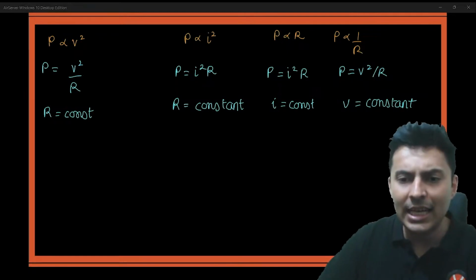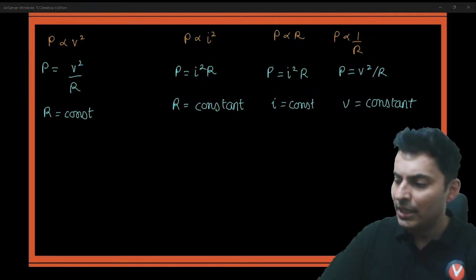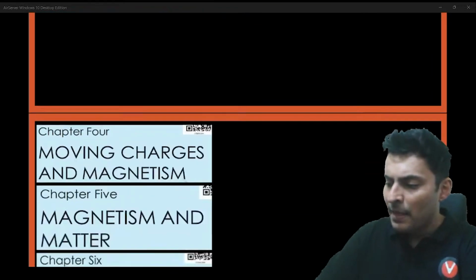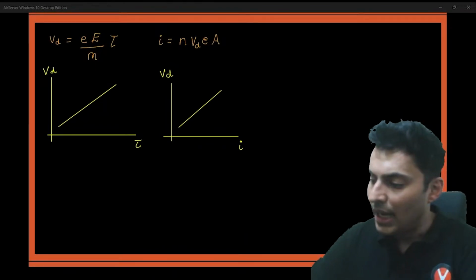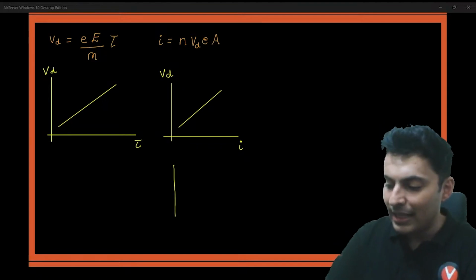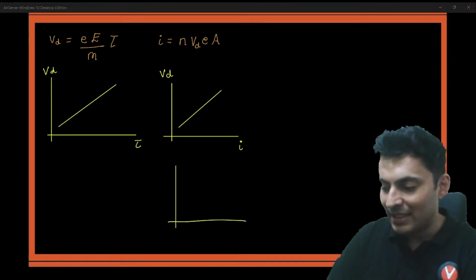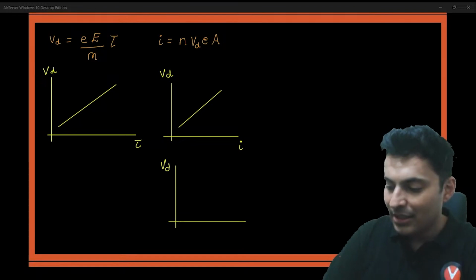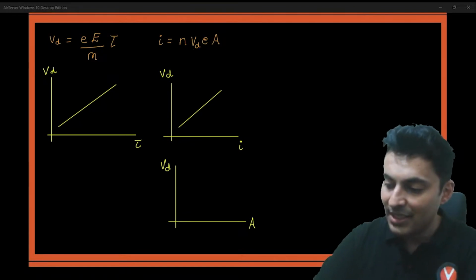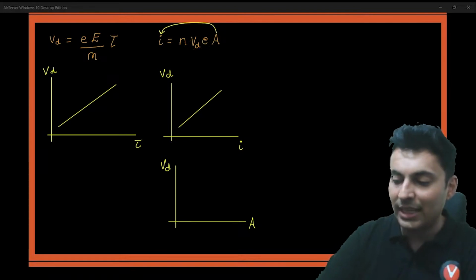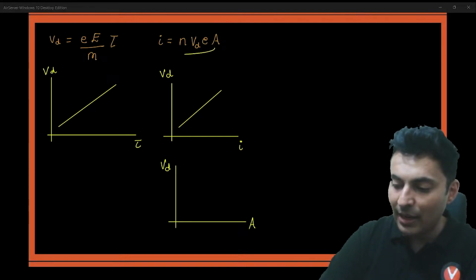Will the graph of VD and A be same as VD and current? Well, we'll come to that as well. So if you go to the drift speed and draw the graph versus area, then it will not be the same. Reason being, when you shift area onto the other side, where will this area go?